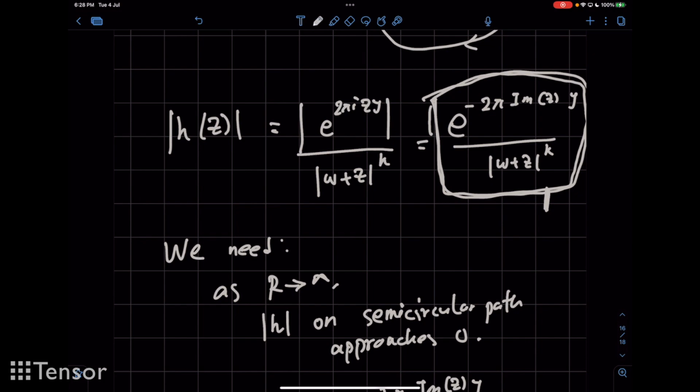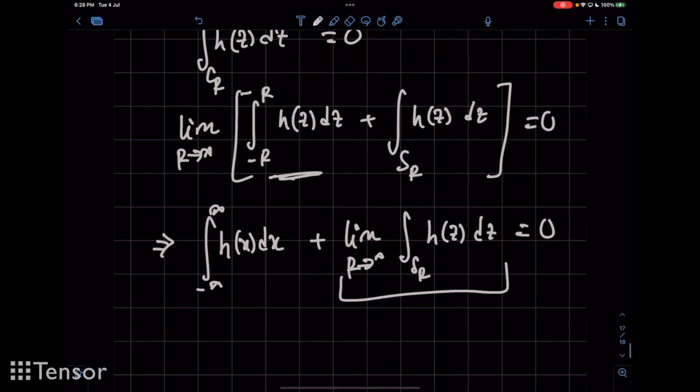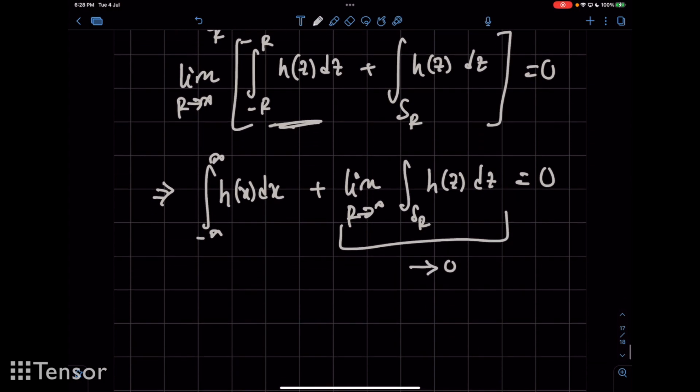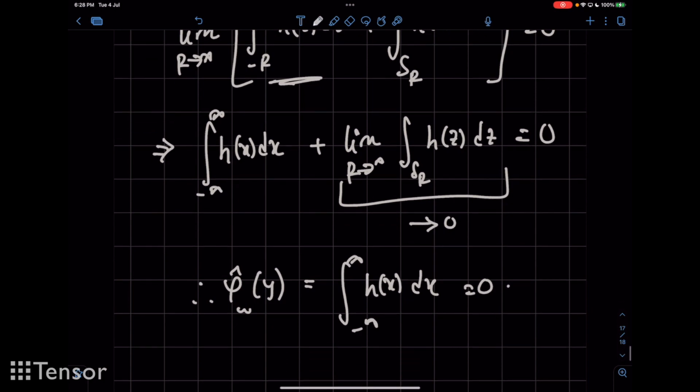Y is positive, and the imaginary part of z is positive, so it decays exponentially. That is why we can say this limit is 0. Therefore, for y positive, this is equal to the integral of h of x dx from negative infinity to infinity. That is it, if y is positive.